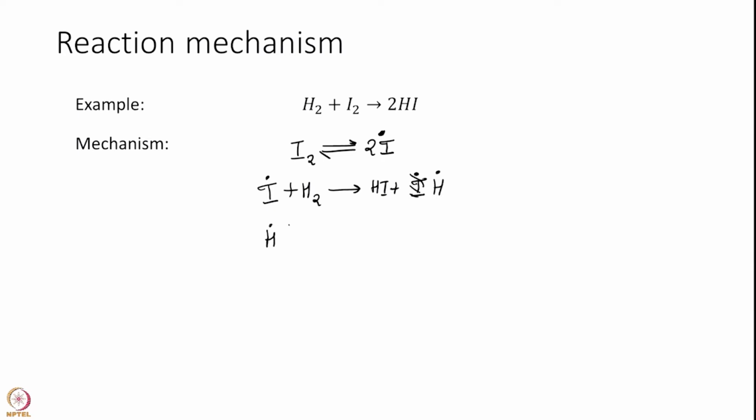H dot reacts with I2 to give HI plus I dot back. So, this is an example of what is called a chain reaction. You generate these radicals and they will keep on propagating till the radical population goes away. Okay. So, you do not have to memorize this reaction or the reaction mechanism. It is simply an example, an illustration of how reaction mechanisms can be broken down into elementary reactions.